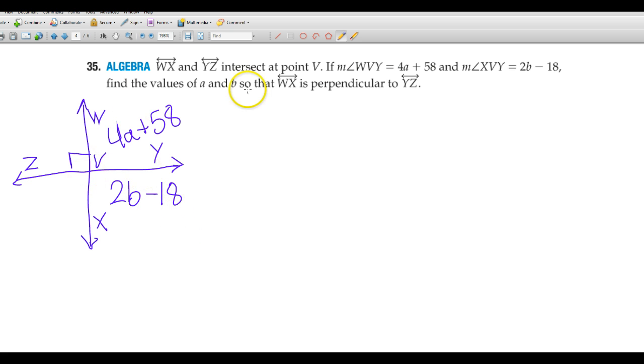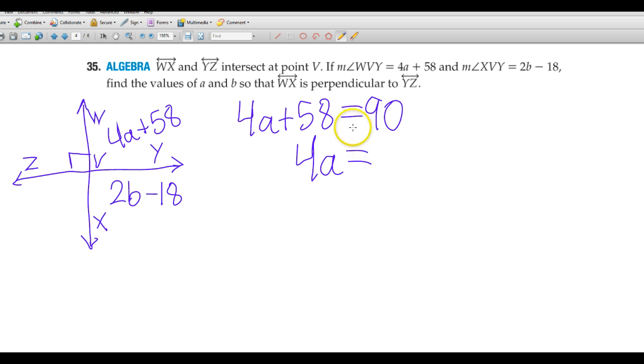So if they form 4 right angles, then we would want 4A plus 58 to equal 90. So subtract 58. And divide by 4, so A is equal to 8.